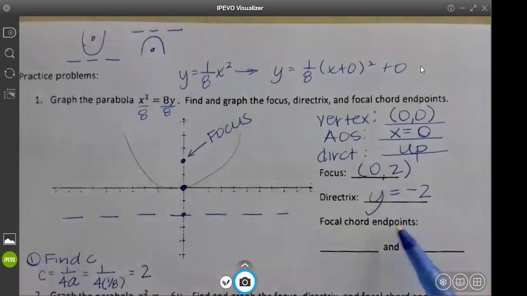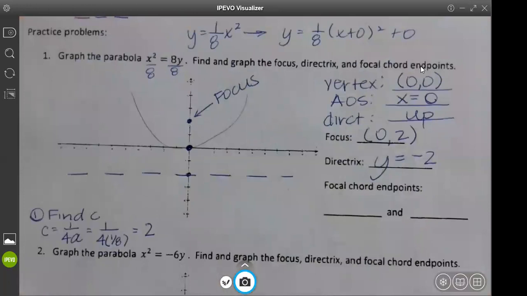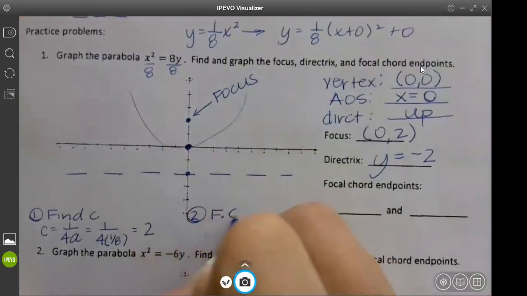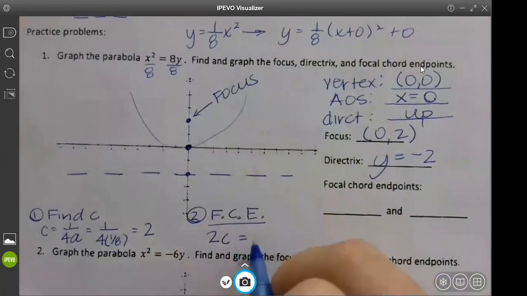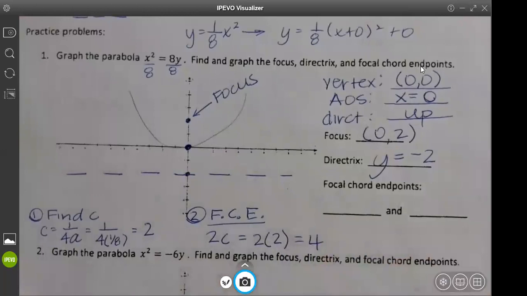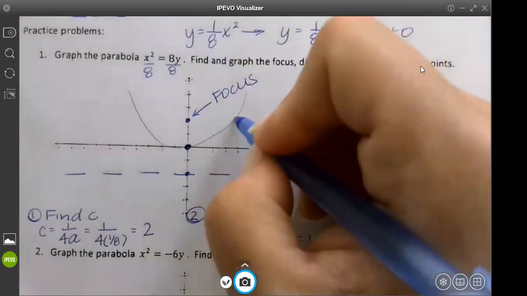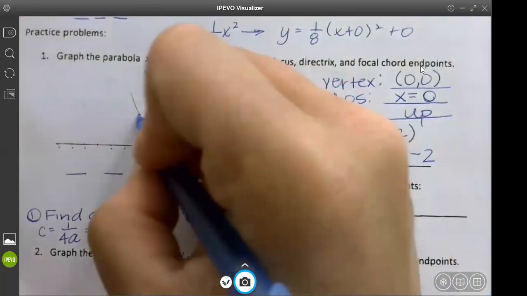The last thing you want to do is find focal chord endpoints. Remember that your focus was C, your other line was 2C. So for focal chord endpoints, you're going to do 2C. C was 2, and 2 times 2 is 4. So from the focus, you're going to go 4 to the left and 4 to the right.